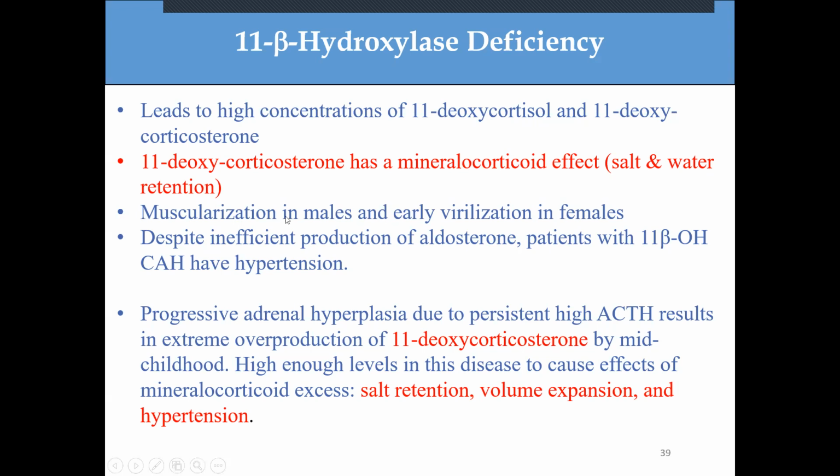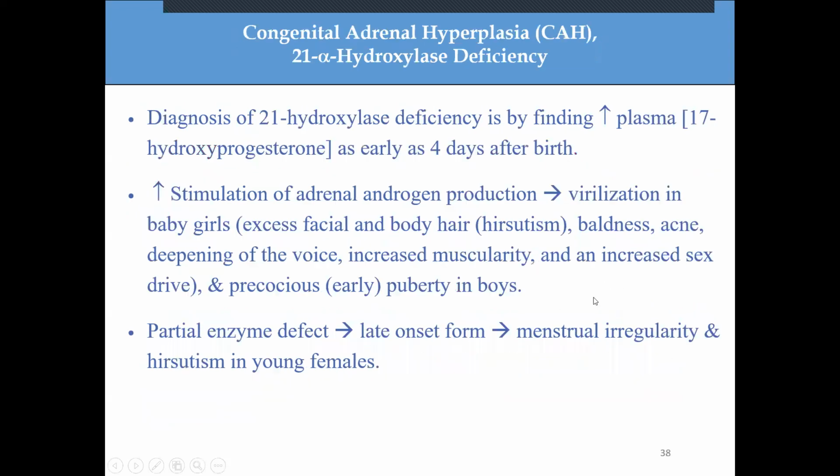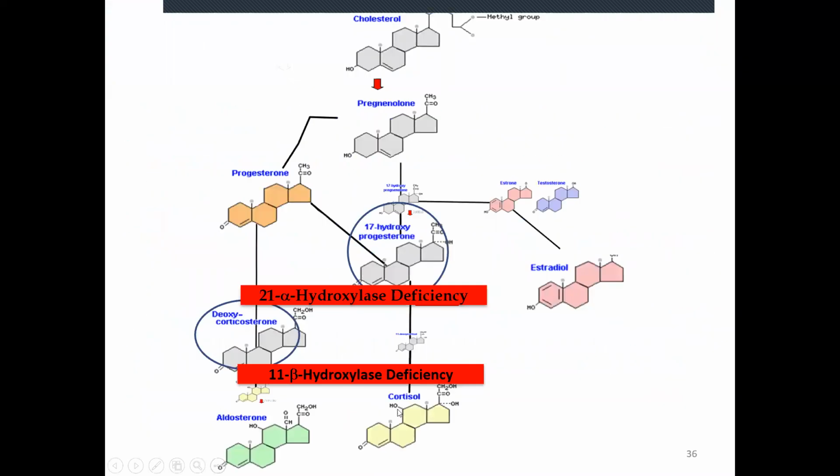And so obviously, you're going to have a lot of mineralocorticoids. What that's going to look like is a lot of salt in the patient, a high volume, and hypertension. Because you have a lot of ACTH being made, since the body still can't make aldosterone and still can't make cortisol, the body is still telling the adrenal glands, hey, I need these steroid hormones, I need you to make them.